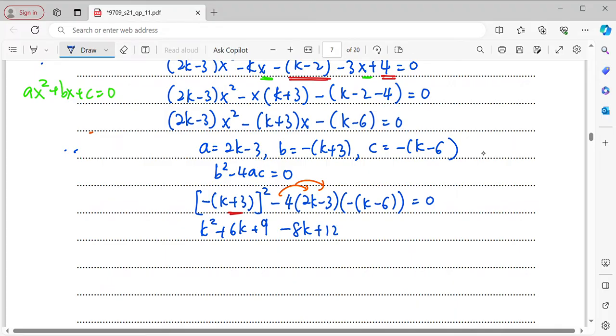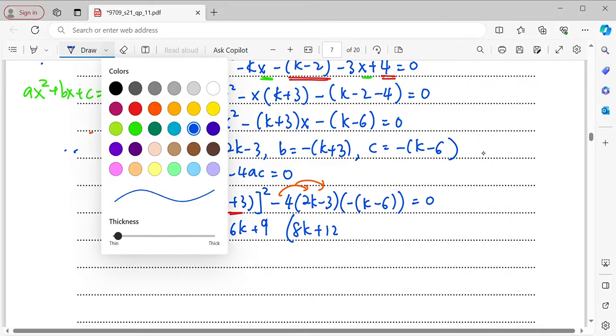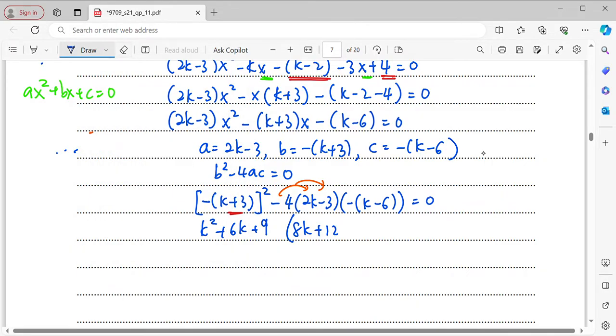Probably I will just leave the minus outside first, then it will be easier for me because I need to expand with another bracket. Or probably, I just directly simplify here. You see here minus, I expand this first, this minus, and then another minus here. So minus minus is a plus. So I will be getting plus, followed by this 4 multiplied to the terms before I multiply to k minus 6.